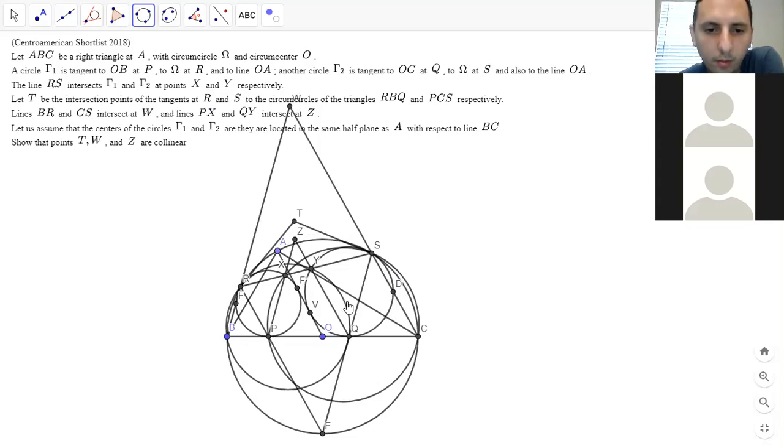Okay, now we have to prove that W is on the radical axis of the little circles, but the radical axes aren't the same. Again, draw the line WTZ.